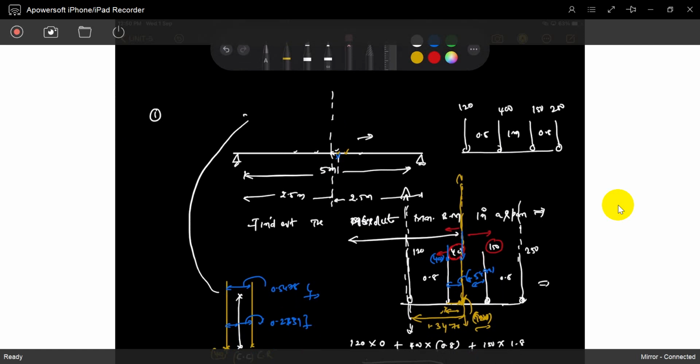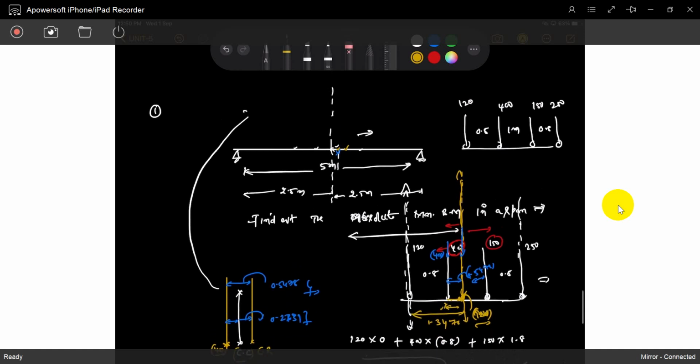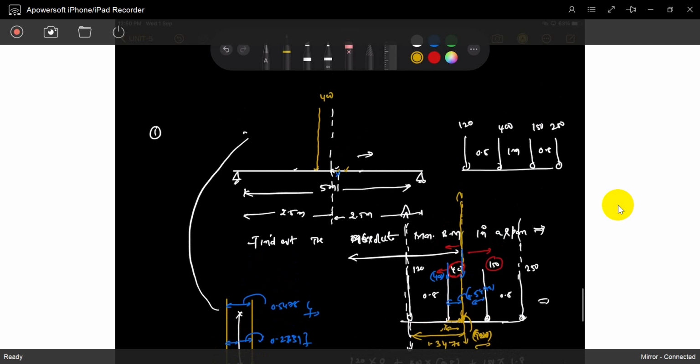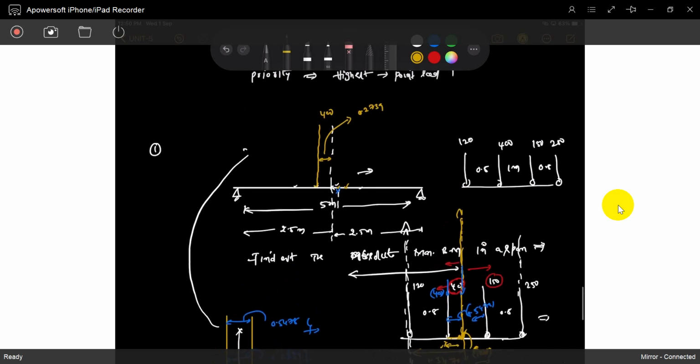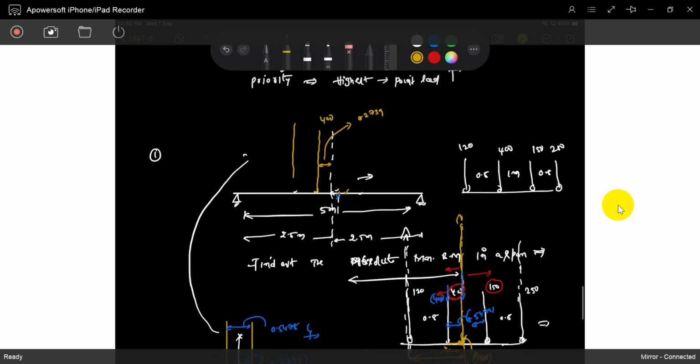So you will write this value, 400, here. How much distance is it? This distance is 0.2739. Based on that you will arrange it. The 400, then 2, and 120.